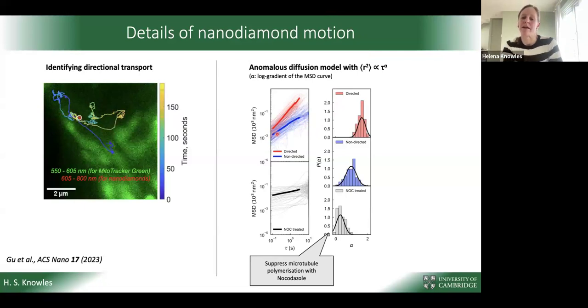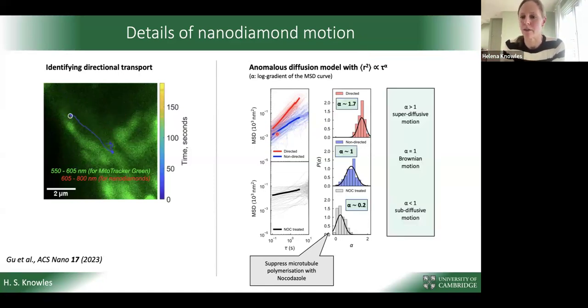And then we can apply nocodazole, which is a chemical that suppresses microtubule polymerization, which entirely stops the directed transport, and it also slows everything else down in the cell as well. And we can look at what these values mean, and indeed this matches really well with the directed transport being super diffusive, the non-directed being pretty much just Brownian.